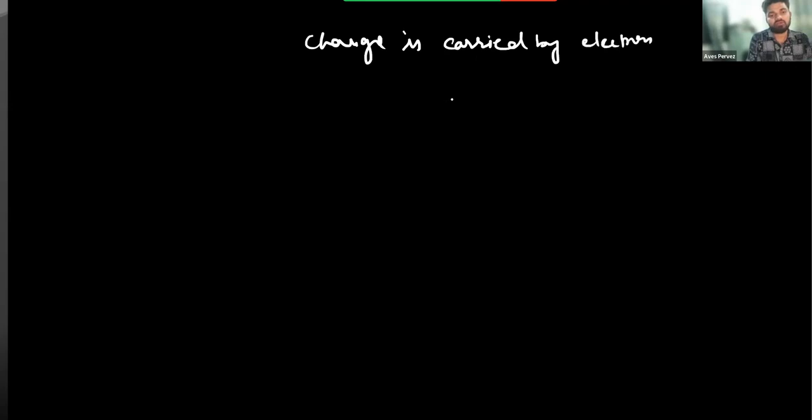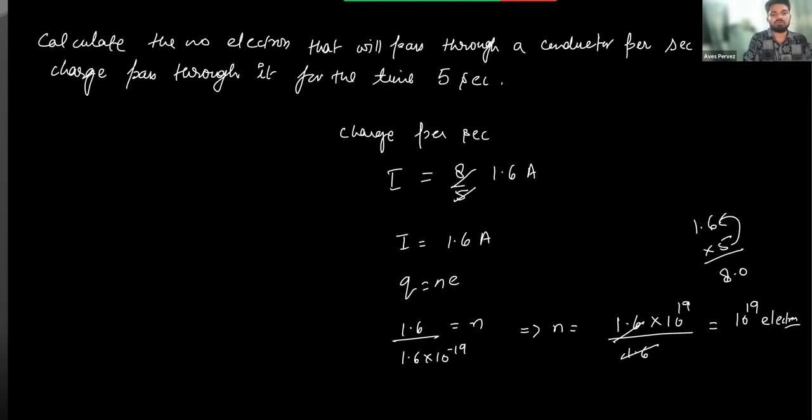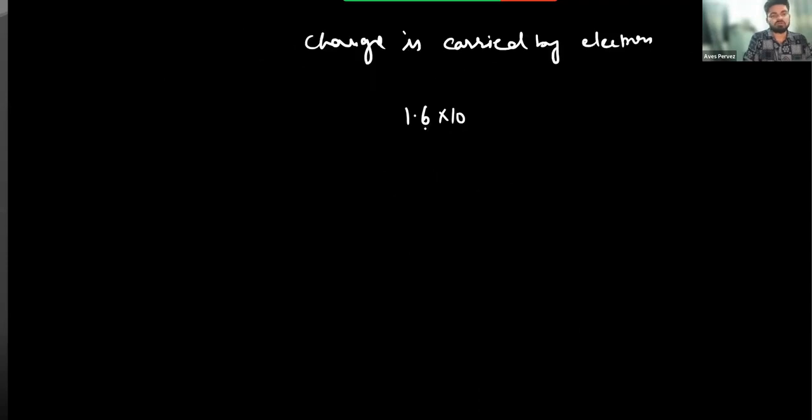One electron has a charge of 1.6 into 10 raised to the power minus 19 coulomb. So the charge carried by an electron is 1.6 into 10 to the power minus 19 coulomb.